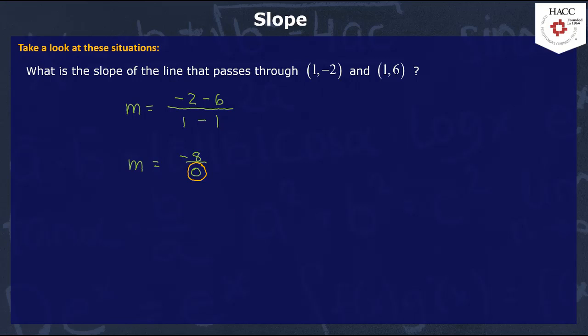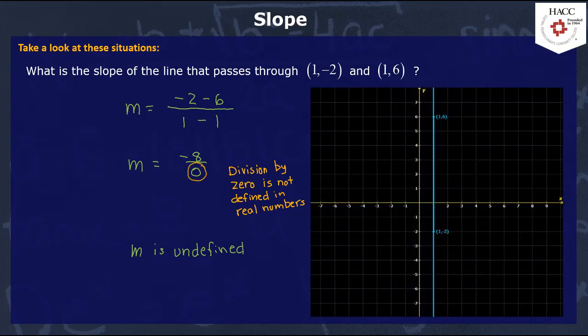In the real number system, division by 0 is not defined. So we would typically say in a situation like this that the slope is undefined. Again, if you plot these 2 points and draw the line between them, you would see it's a vertical line. Therefore, if you have a situation where the slope m is undefined, the line is in fact vertical.